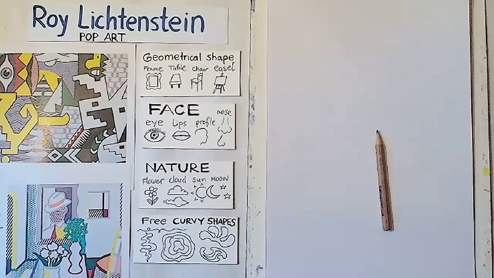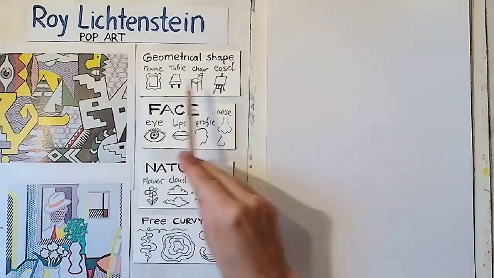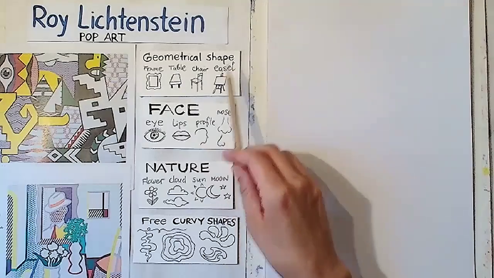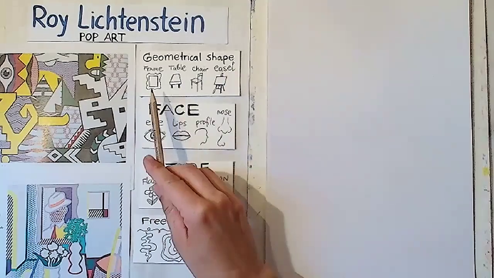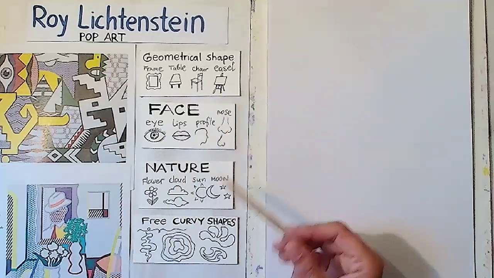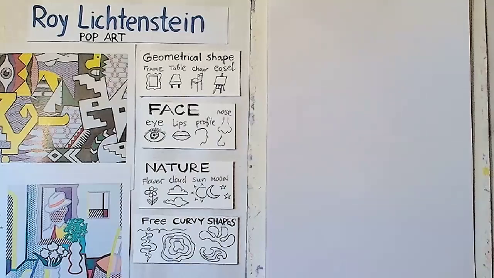So first, we're going to take some geometrical shape, well, more correctly, probably object. As an example, it can be a picture frame. Like here we see some picture frame. It can be a table. It can be a chair. It can also be an easel, for example, something connected with art.